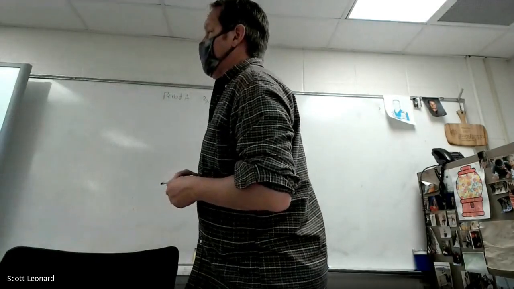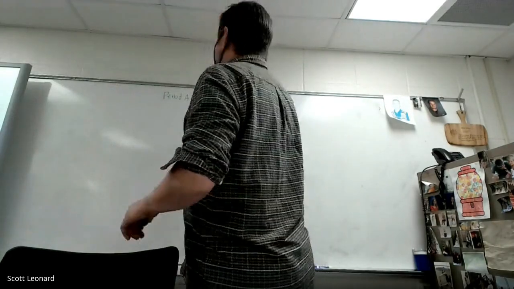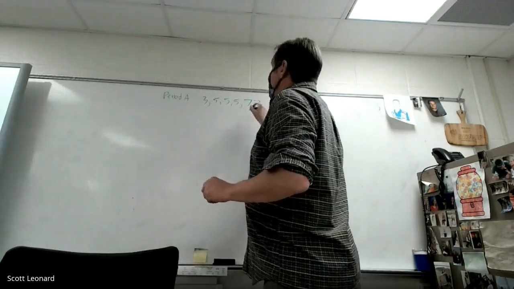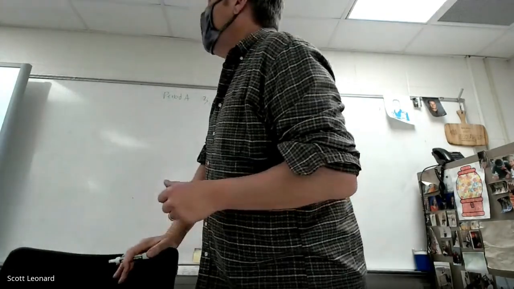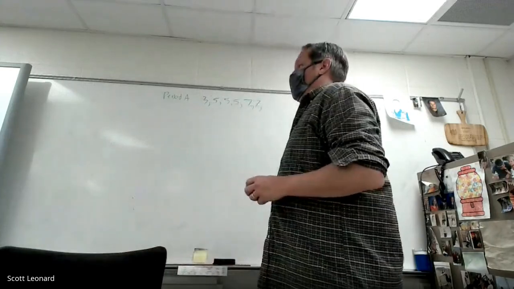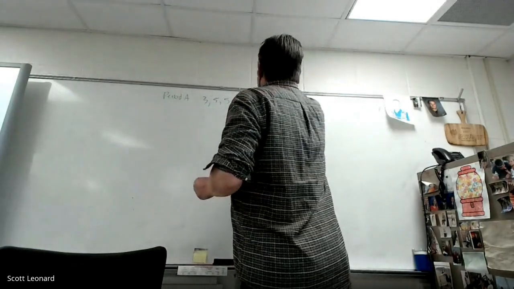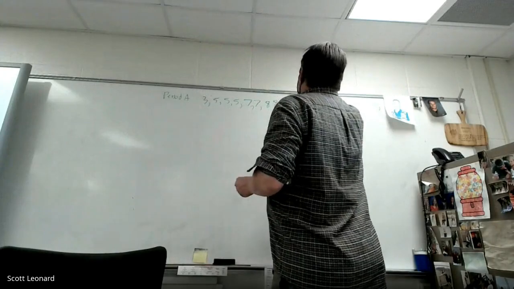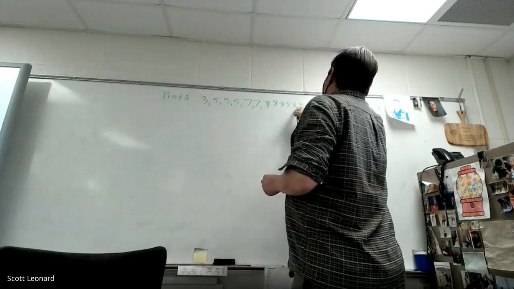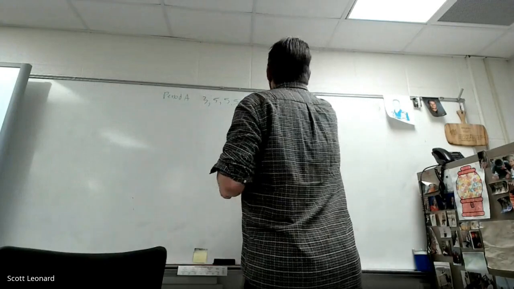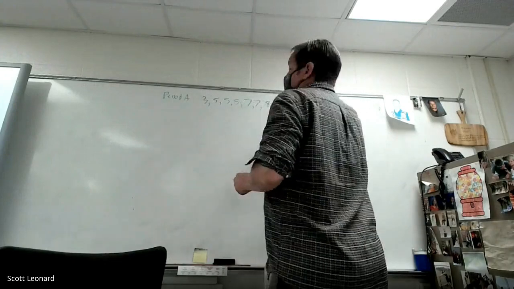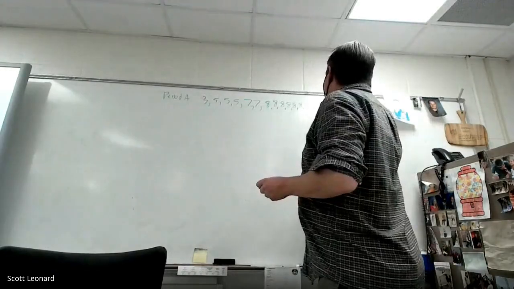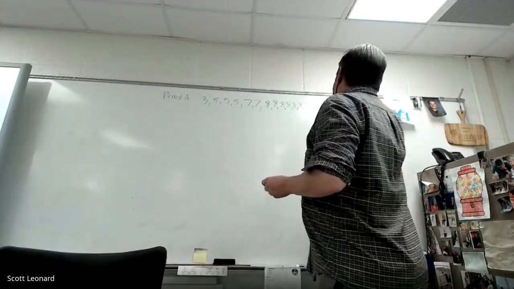How many 6s? 0. How many 7s? 2. How many 8s? Whoa, 7. I can see which way we're skewing on this one. 1, 2, 3, 4, 5, 6, 7. All right, 2 9s and 4 10s.